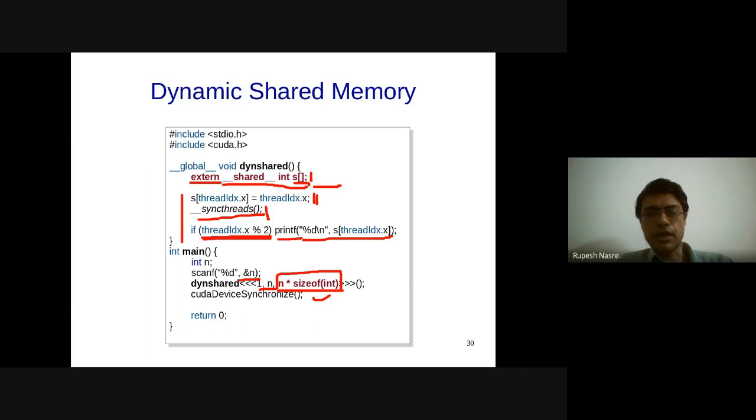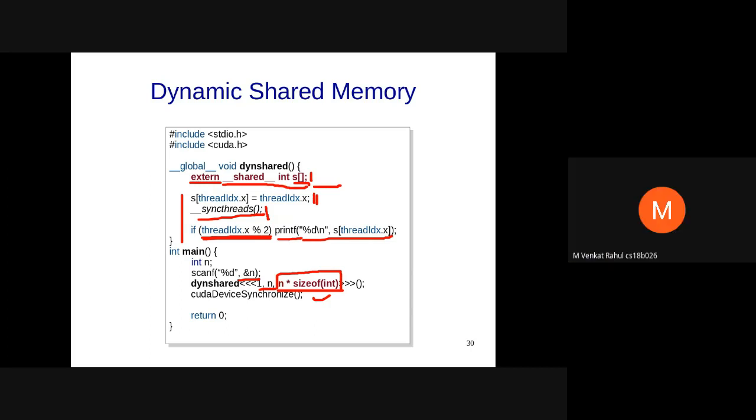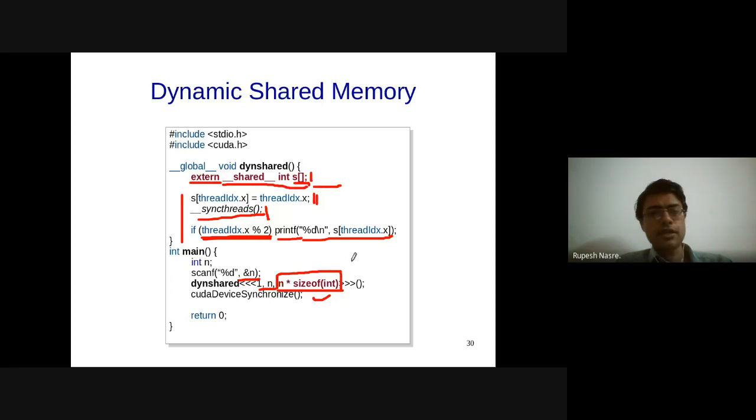Any other questions? Yeah. Sir, I didn't get the point about two dynamic shared memory. Can you give an example? Yeah, sure. Let me put it this way. Like in this case, s is the shared variable.